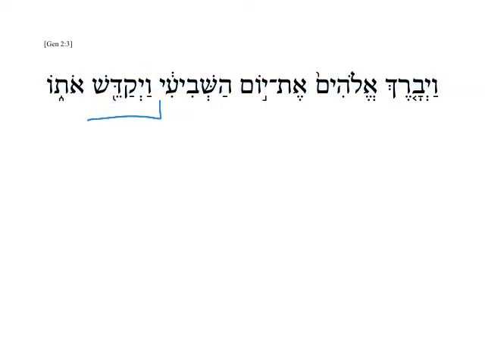So we'll focus on this verb here, which comes from the root kof dalet shin, to make holy. And what we can begin with is what's easy for us, and we can see this as a vav consecutive imperfect form.